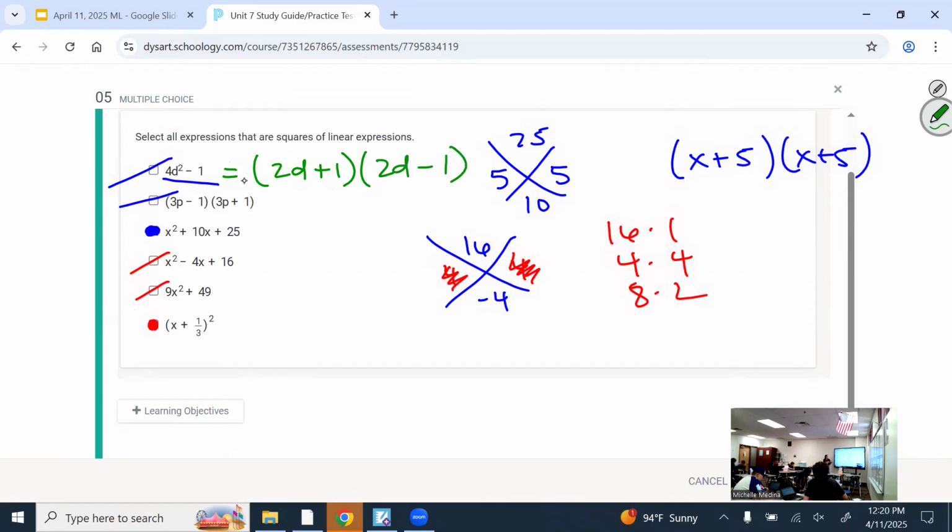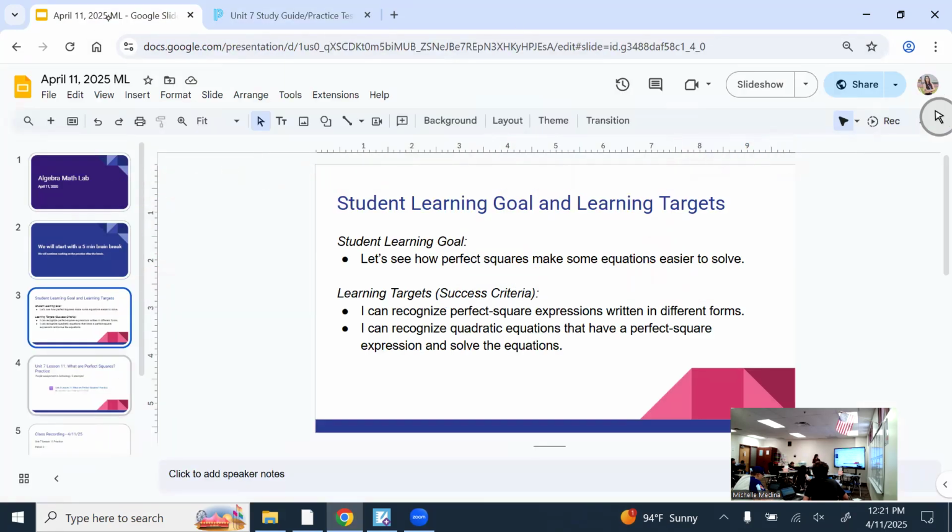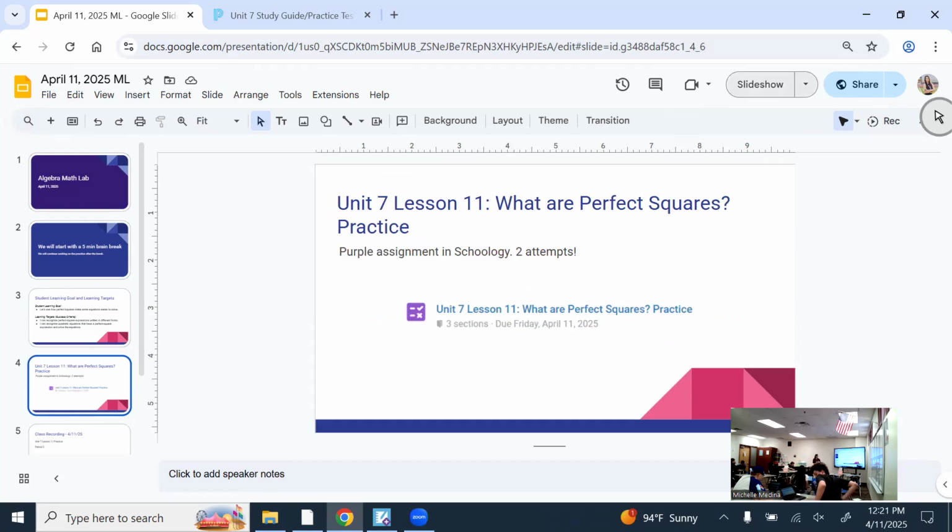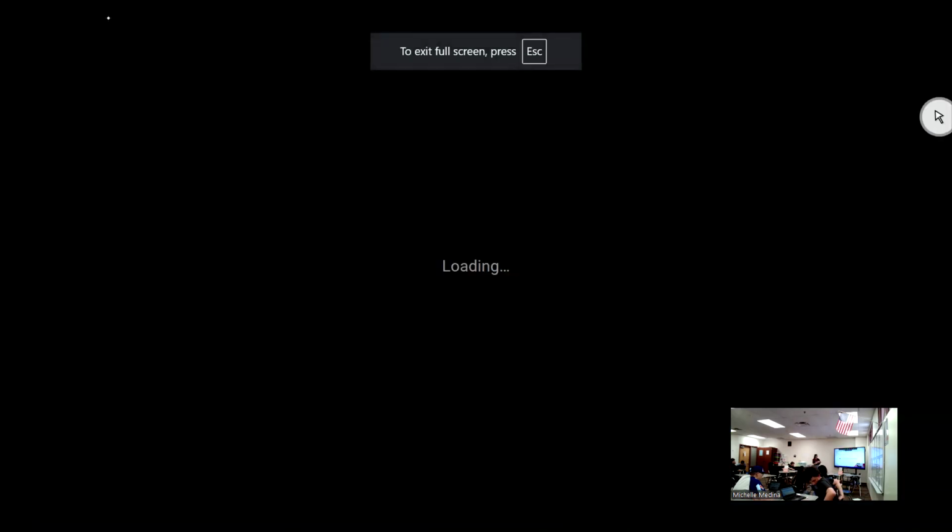So this is the factored form of that. Again, they're not exactly the same. One has a plus, one has a minus. So that's why that was not a square of a linear. Good, any questions? You have a practice to assess you on some of the learning targets from today. So don't take shortcuts, actually know how to solve it.